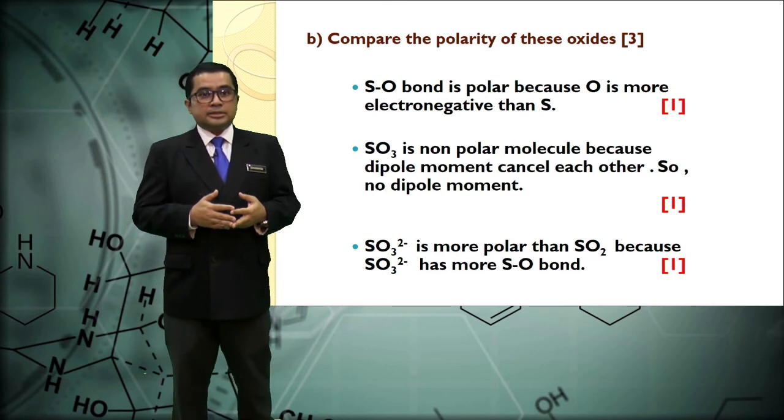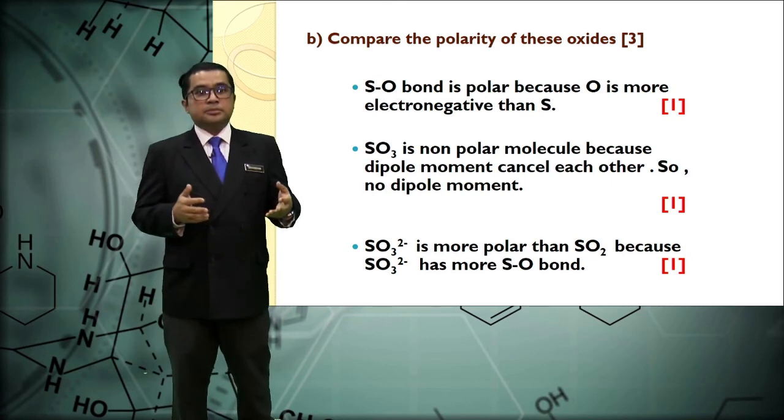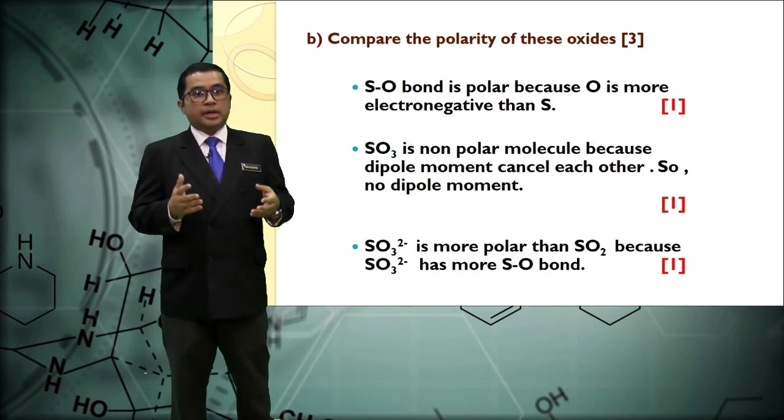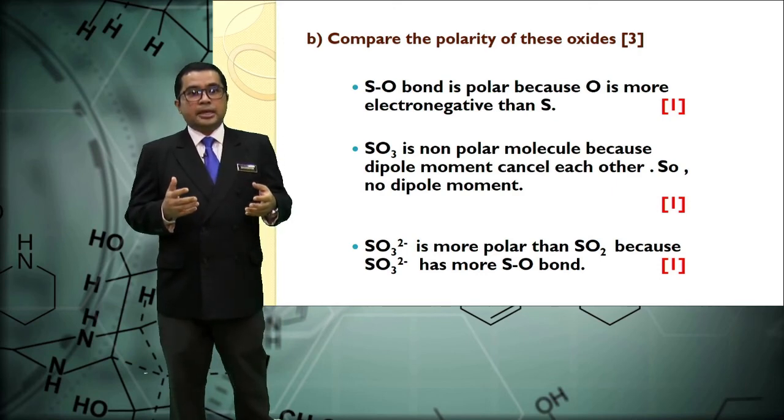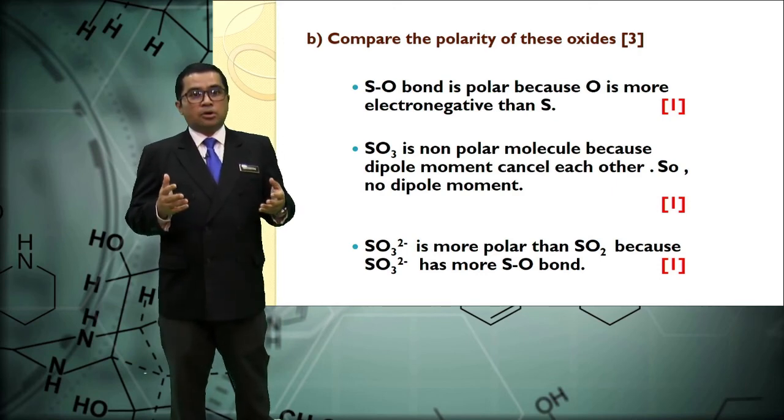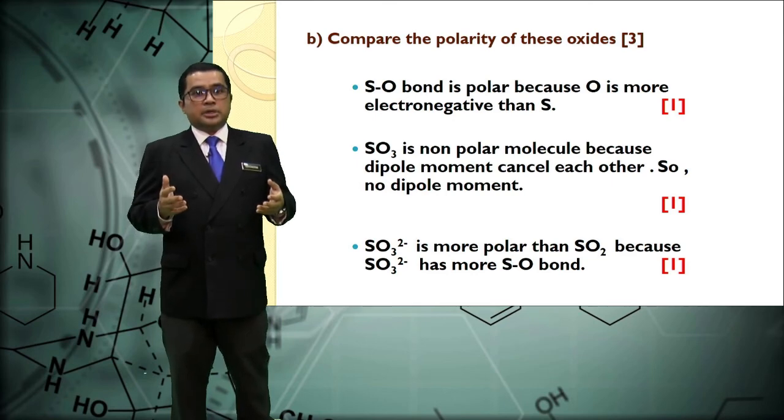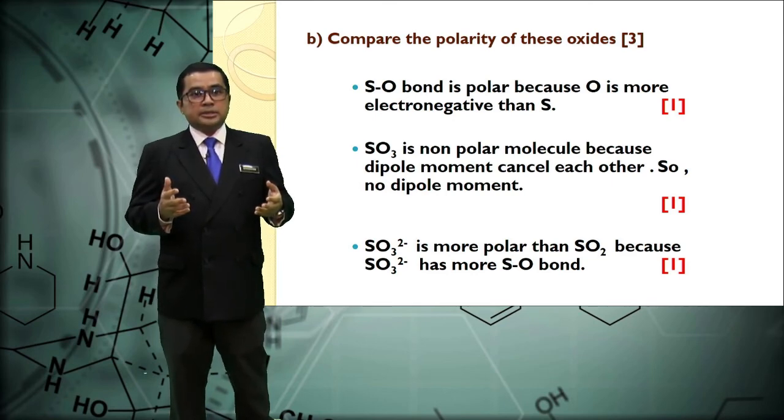We go to the next one, which is 3. SO3 2- is more polar than SO2. You have to compare the polarity between SO3 2- and SO2. You can say that SO3 2- is more polar than SO2 because SO3 2- has more SO bonds.